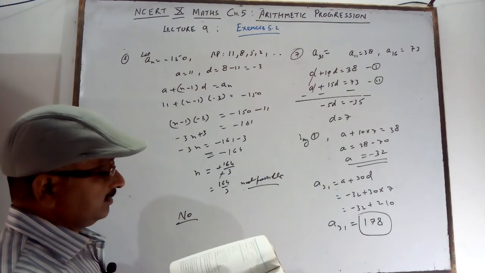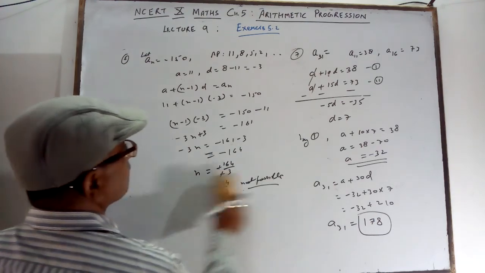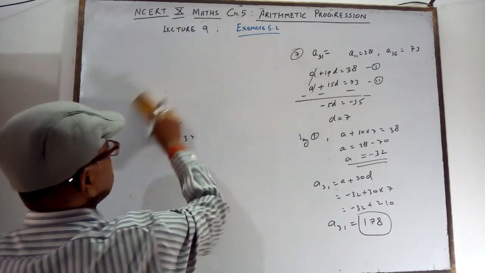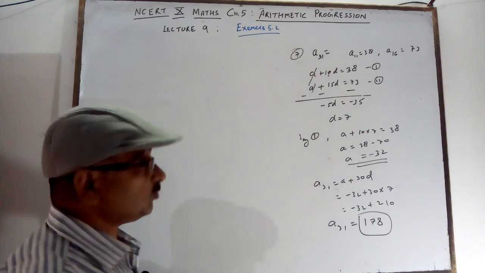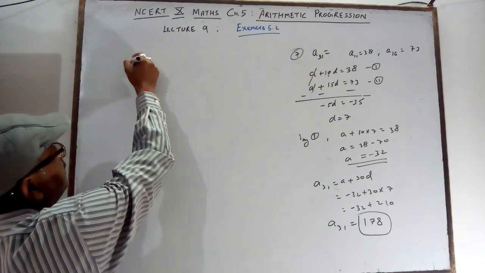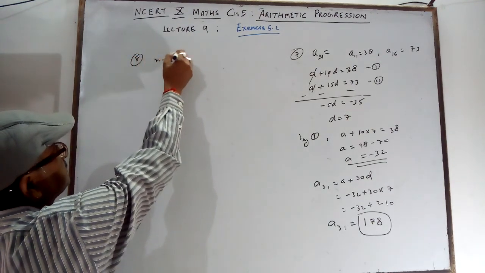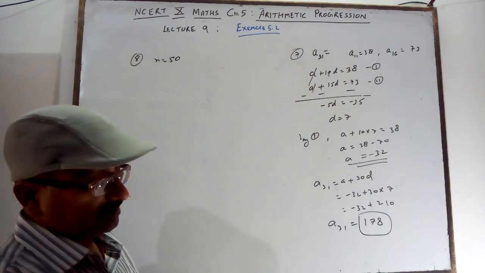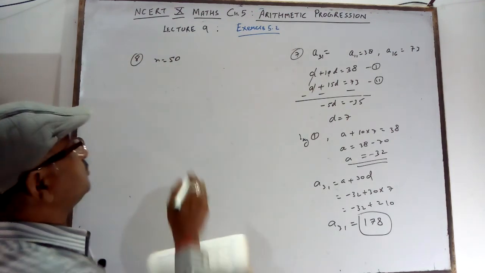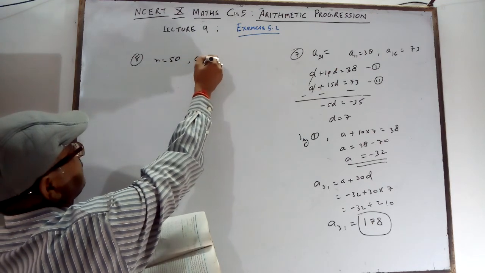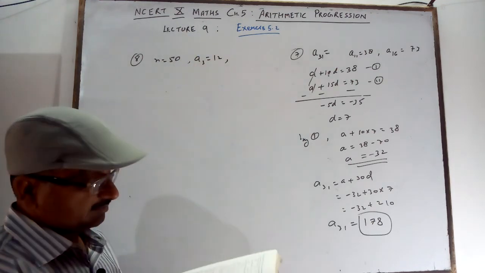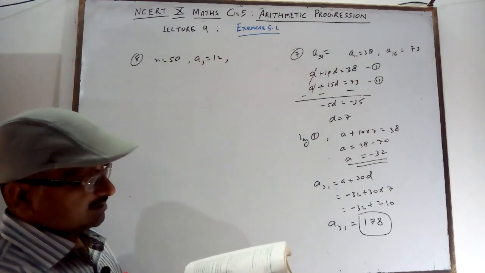Question number 8. An AP consists of 50 terms. You must find out what is given and what is not given. N is given, 50. Whose third term is 12, and last term is 106.